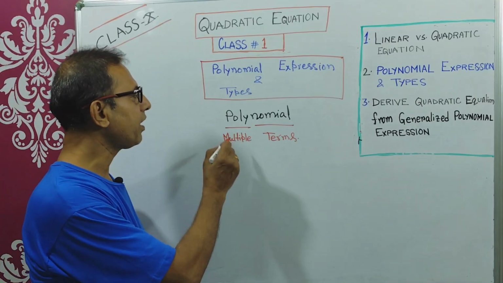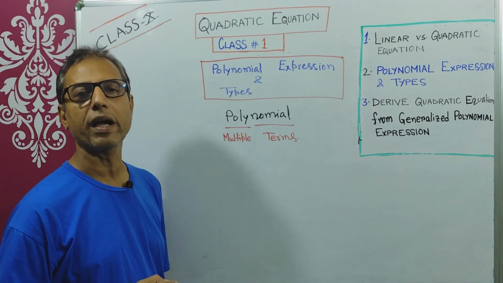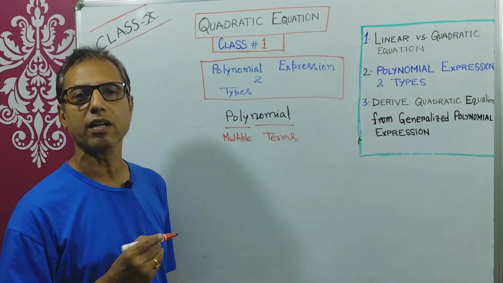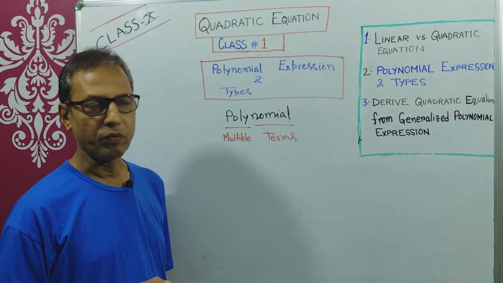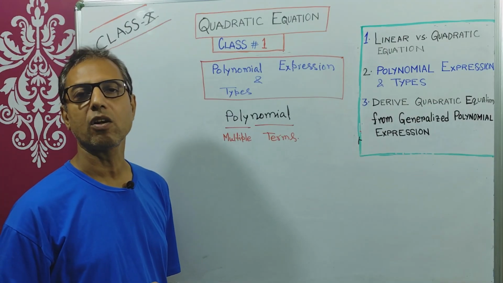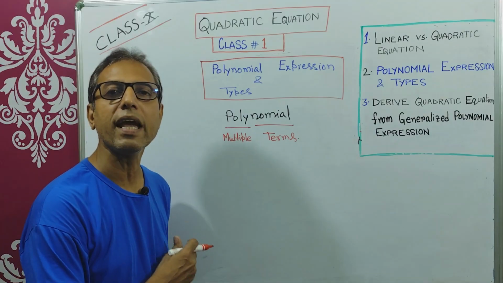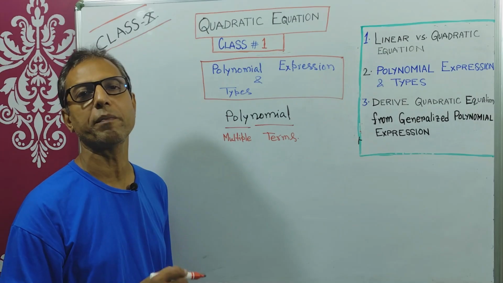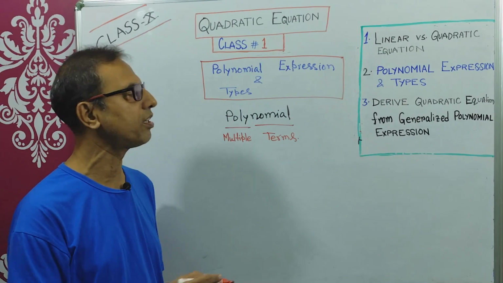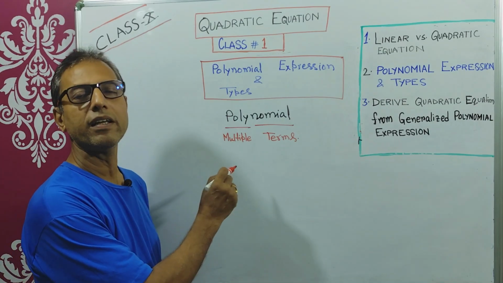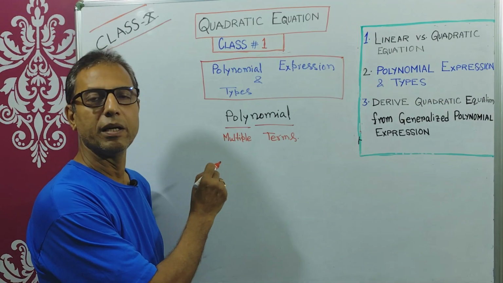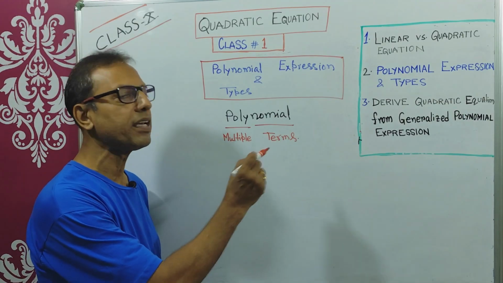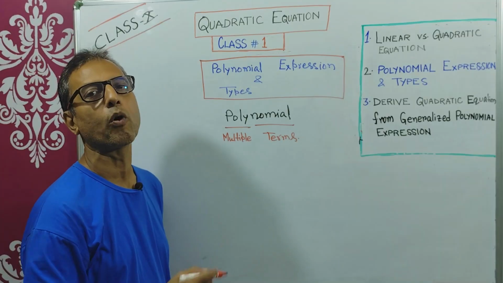So polynomial expression is when you can express multiple terms with different kinds of mathematical operation in a single expression. Different types of mathematical operation means in the form of addition, multiplication, subtraction. If you can represent multiple terms in a single expression, that is called polynomial expression.